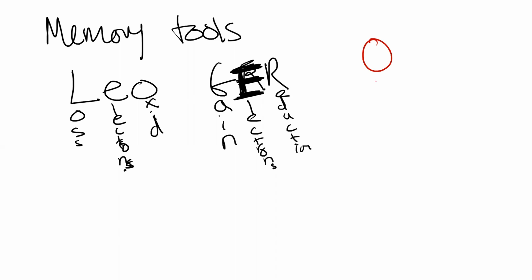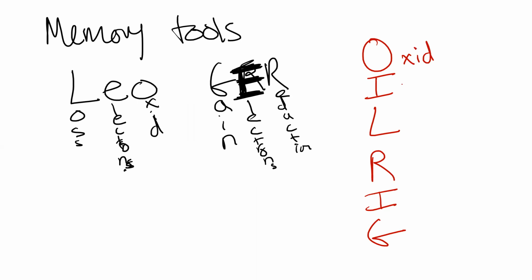Or if you are more into petroleum products, you can use OIL RIG. Oxidation is loss, because this just talks about electrons. It's all about the electrons. Oxidation is loss.